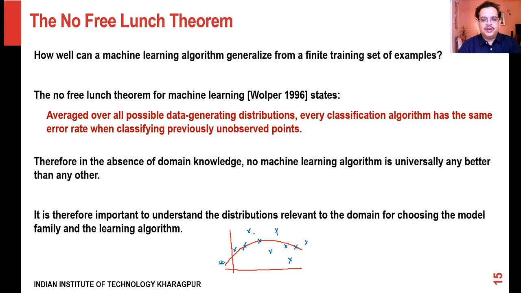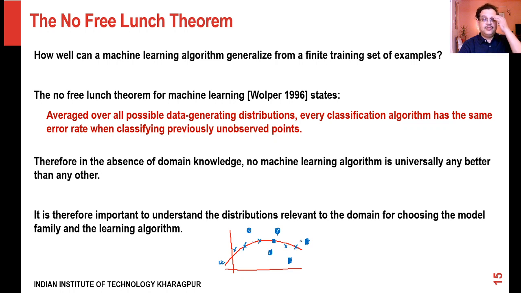Now these new points, let me draw them as circles so that you can distinguish them from the ones that we had here. Maybe we have one here as well, and let's say this is a new one.